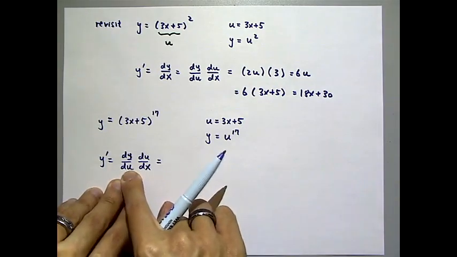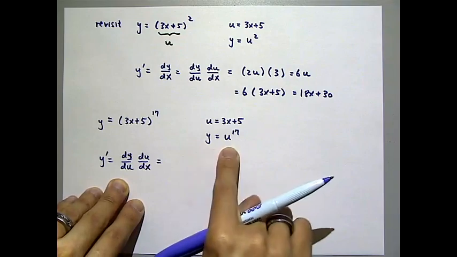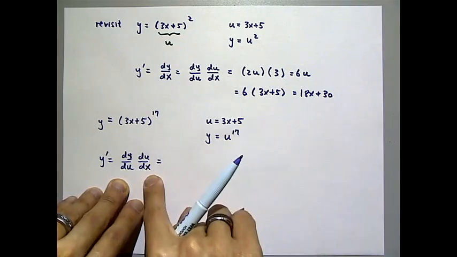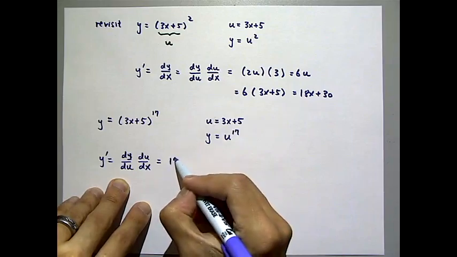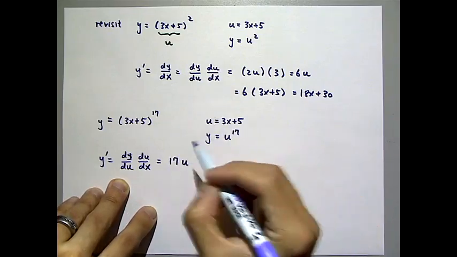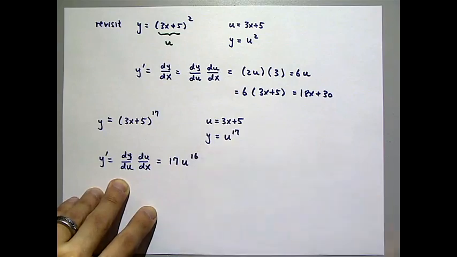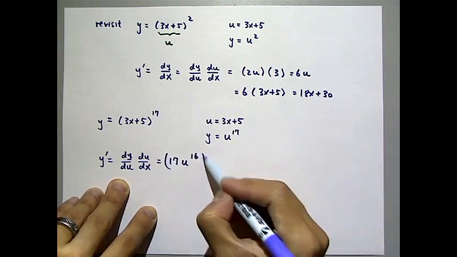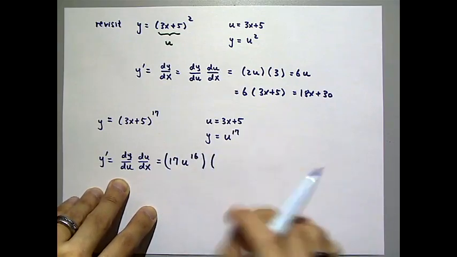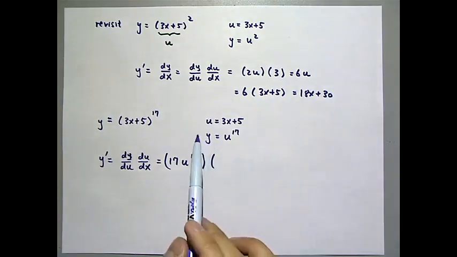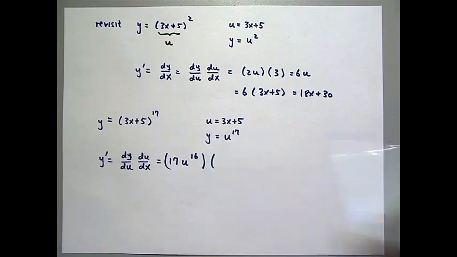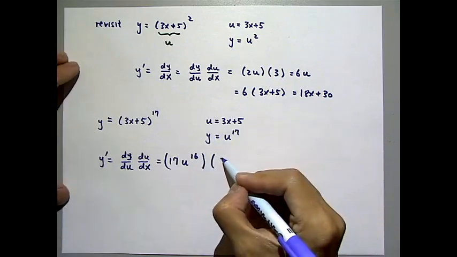Dy/du, just this line right here, gives me 17 times u to the power of 16. And then du/dx, now we look at the inner function part. u is a function of 3x plus 5. Derivative is simply 3.